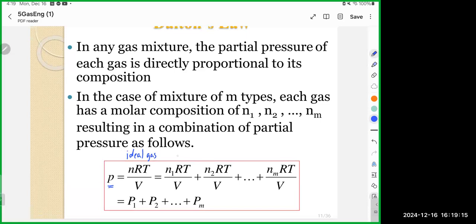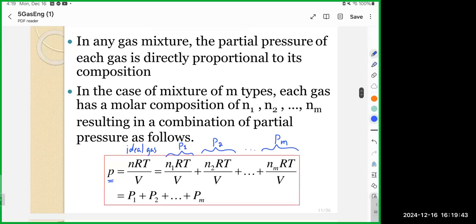And the total pressure can be calculated from each type of gas: P1 plus P2 plus P3 and so on until Pm. It depends on how many types of gas are inside the chamber, and in this case there are m types.